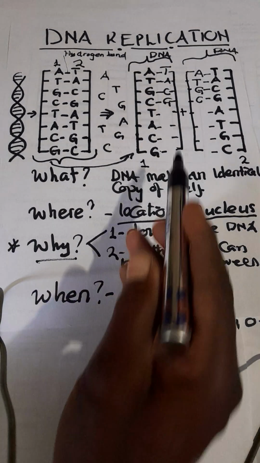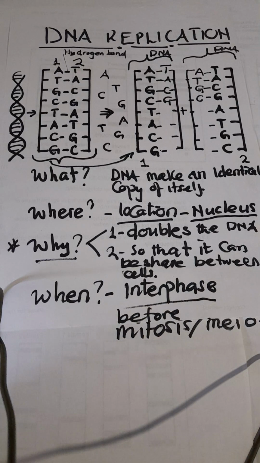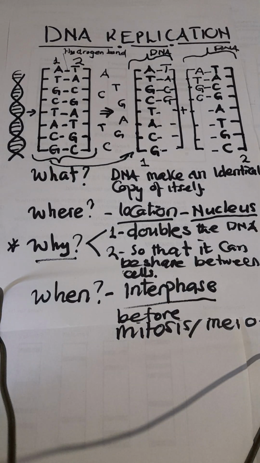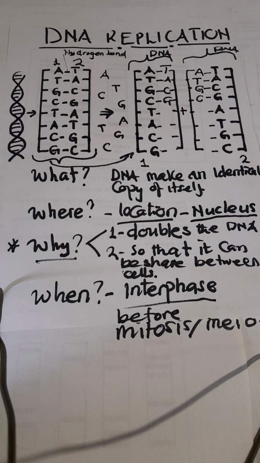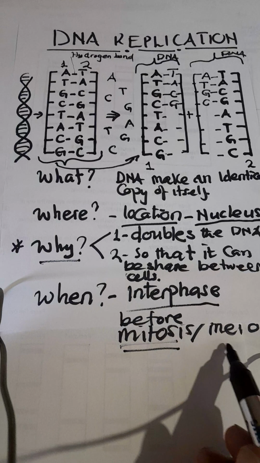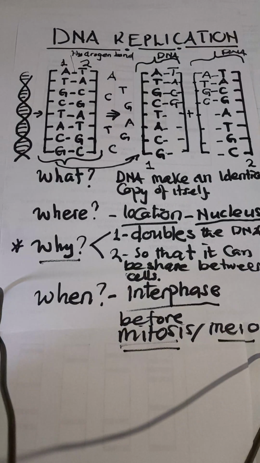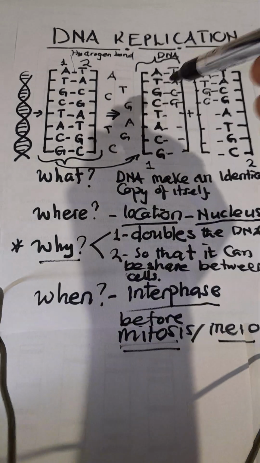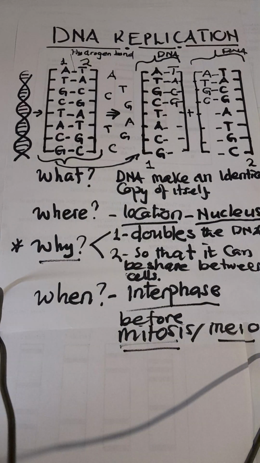So these 2 molecules are going to be used in the corresponding processes which we have mentioned earlier. I spoke about mitosis as well as meiosis. These 2 processes are going to use these DNA molecules in order to form new cells, which we call the daughter cells.